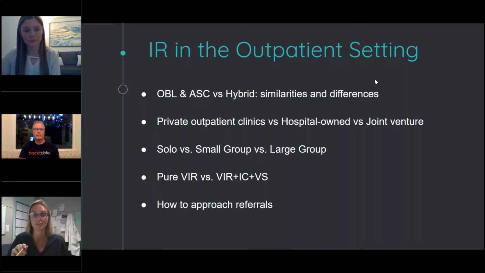Solo, small group, large group. Solo is hard. John has done it successfully for a long time. Finding the right partner is very hard. Working alone is not something you want to come out of fellowship and do. I was probably nine or ten years out before I was really working alone in a cath lab, and things go wrong, and they go wrong fast, and there's only you around.